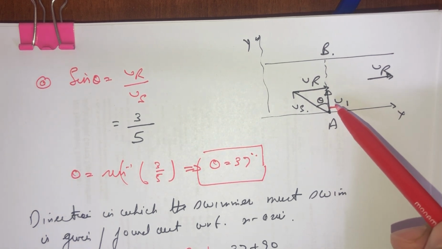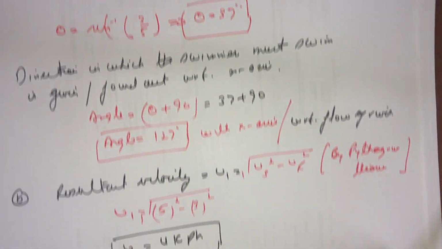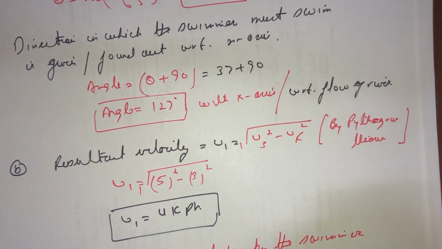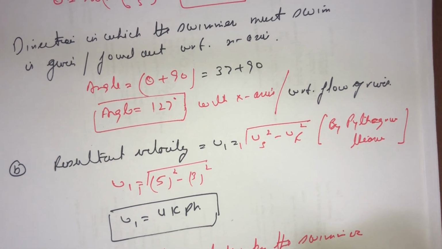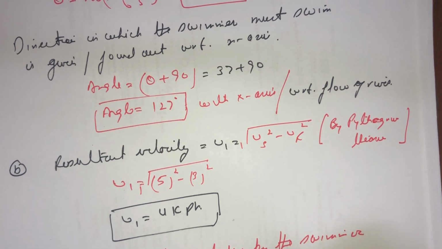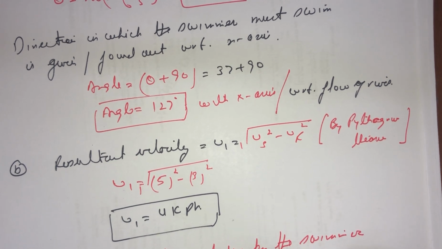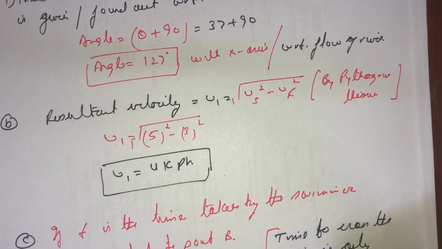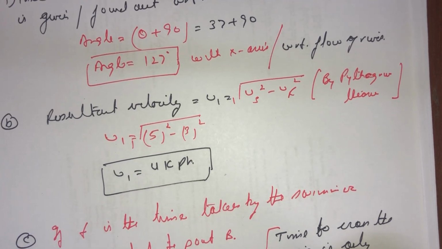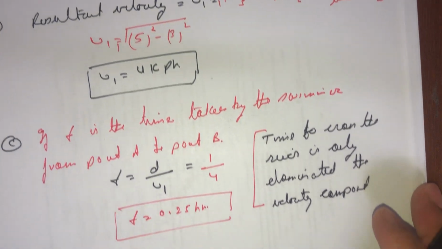So that's why time is always given as distance divided by the velocity component along the y-axis.